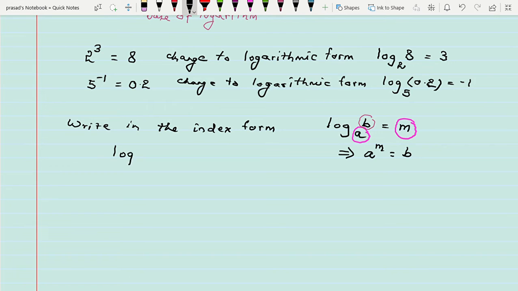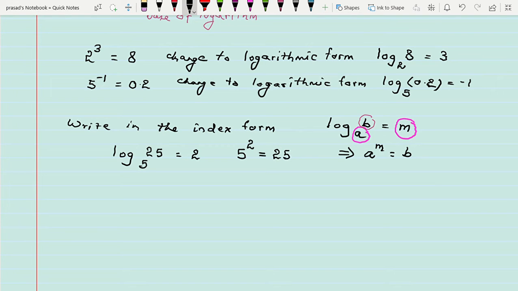So take this example. Suppose I want to change log of 25 to base 5 is equal to 2. So what will be the index form? In the index form, the base will be 5. Now the value of the logarithm is 2. That will become the power, 5 square. And the logarithm is taken of 25. That will be the value of the index form.